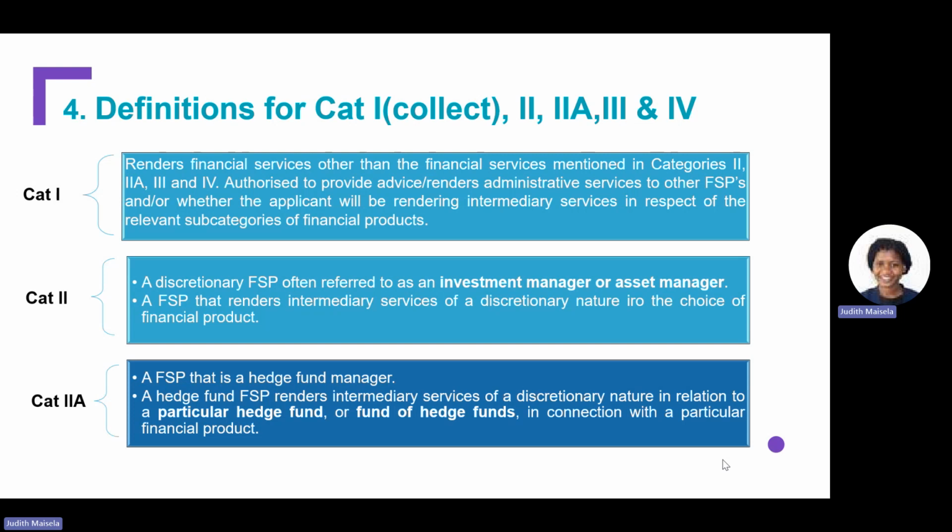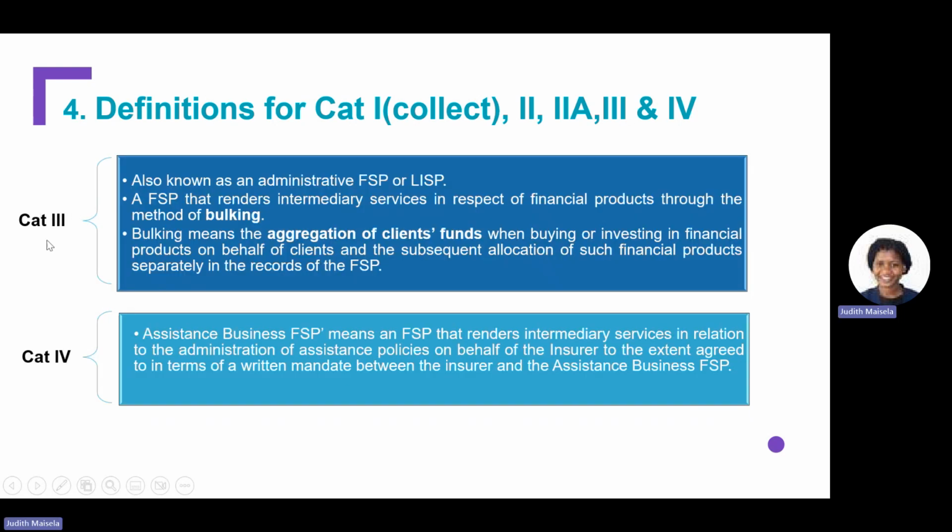So this is a type of FSP where it is a hedge fund FSP that renders intermediary services of a discretionary nature in relation to the particular hedge fund or fund of hedge funds in connection with the particular financial product.